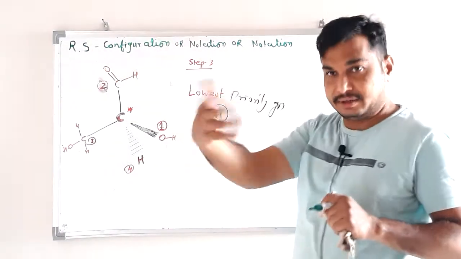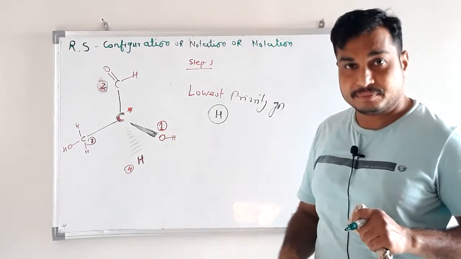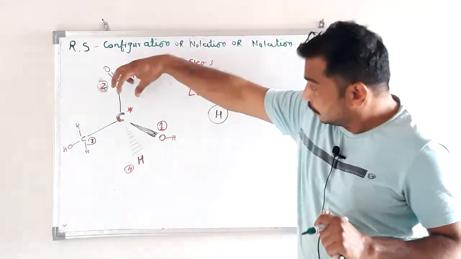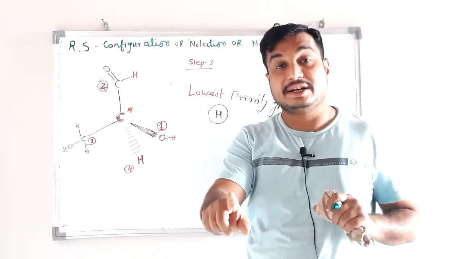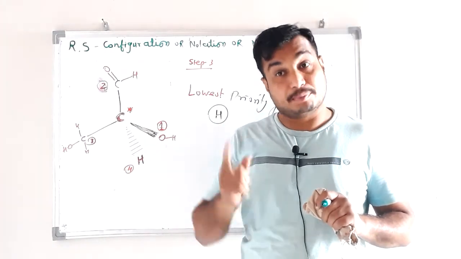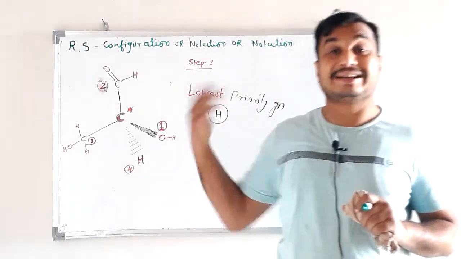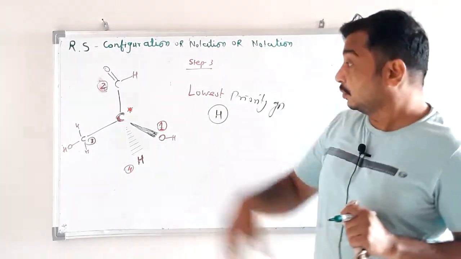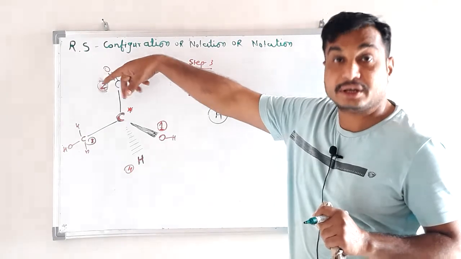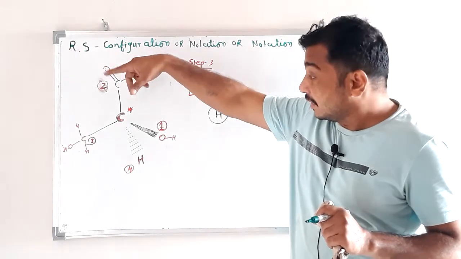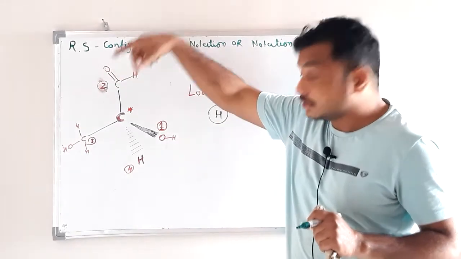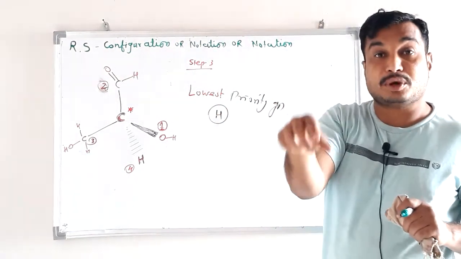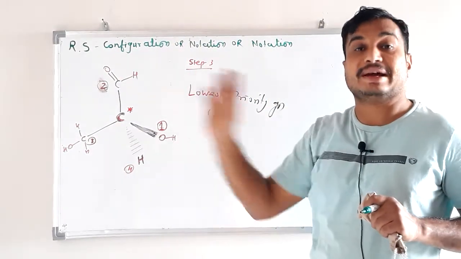We want that group on the back side, so we rotate it in such a way that the lowest priority group is put on the back side.